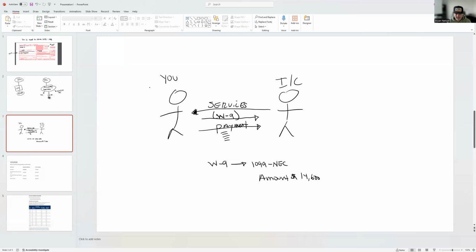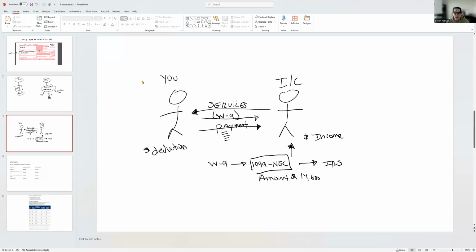So they probably don't want the 1099 to show up, because that 1099 you're going to send to the independent contractor, but then you're also going to send that to the IRS. So the IRS uses the 1099 to reconcile, number one, that you get the deduction on your tax return and that it's being picked up as income on the independent contractor's tax return.